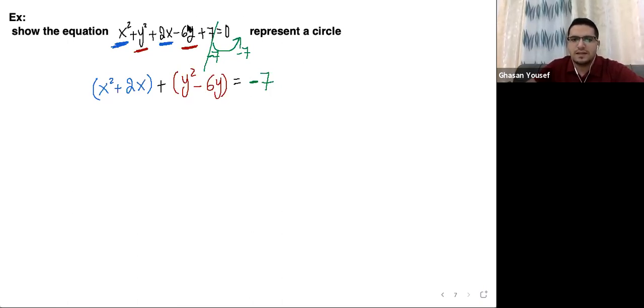Now the second step is we have to complete the square. How can we complete the square for this? What do we have to add to both sides? B over 2 squared. B over 2 squared is 1. This is correct.